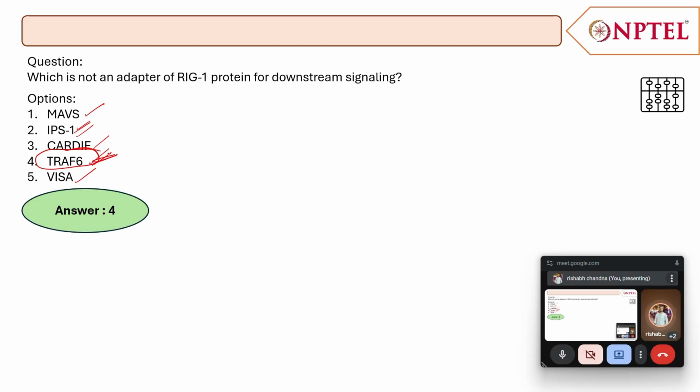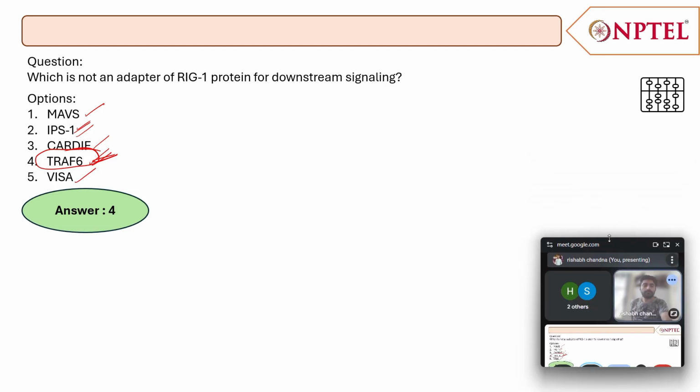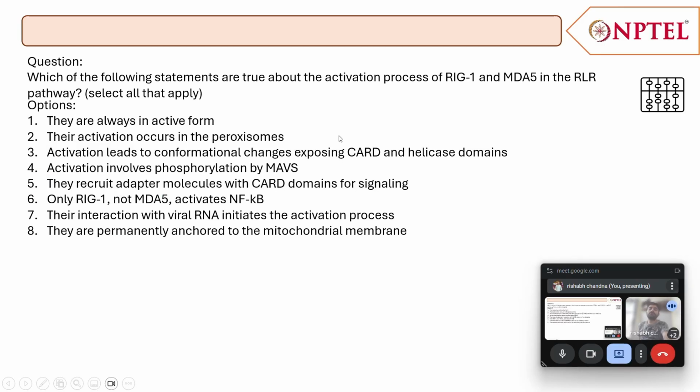TRAF6 is not an adapter of the RIG1. Okay, so let's move on to the next question. Which of the following statements are true about activation process of RIG1 and MDA5 in the RLR pathway? So what can be the correct answer?